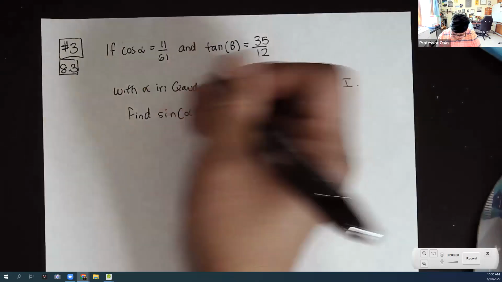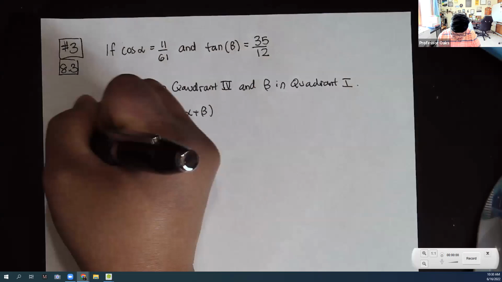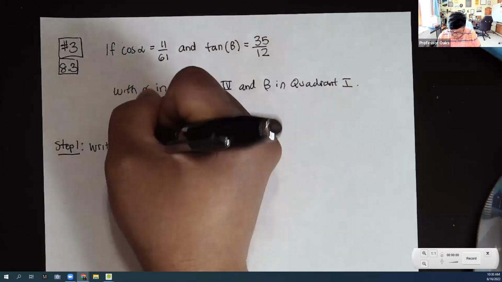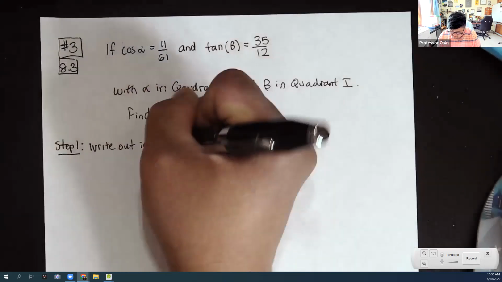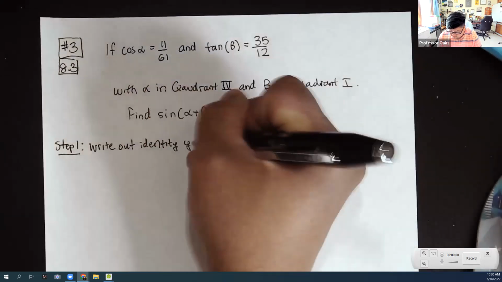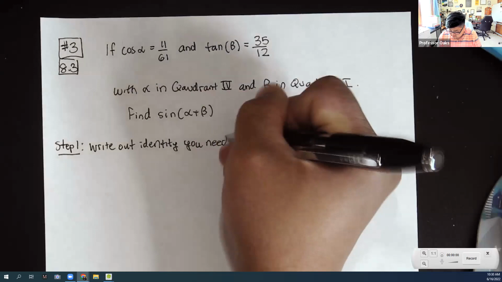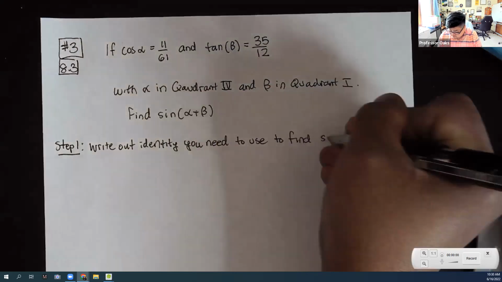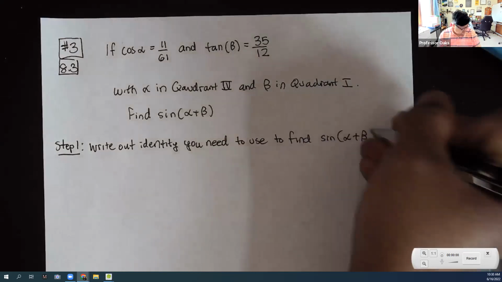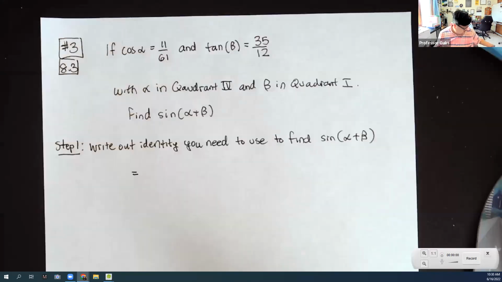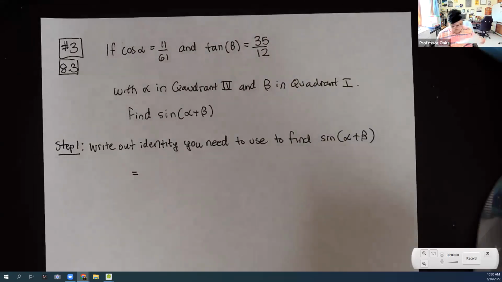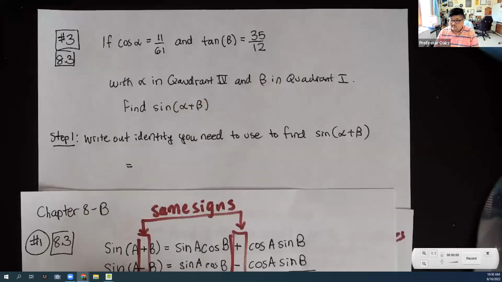So first, step 1, and they don't actually give you any steps here, write out the identity you need to use to find that sine of alpha plus beta. It's the same as before, that one right here.